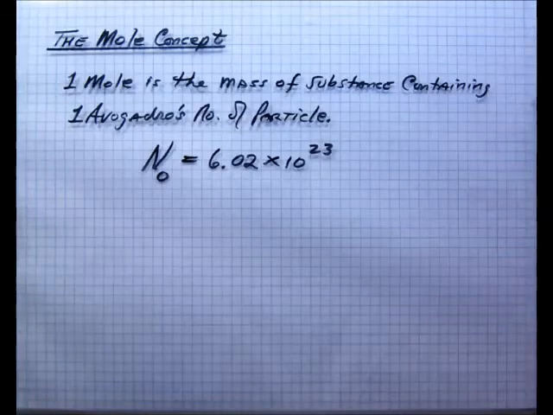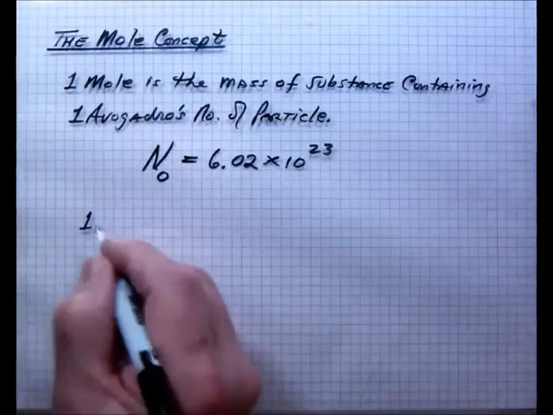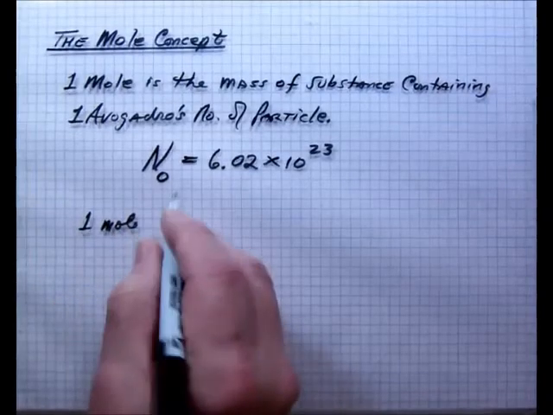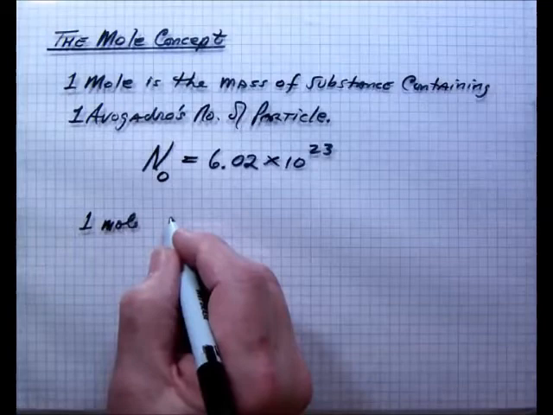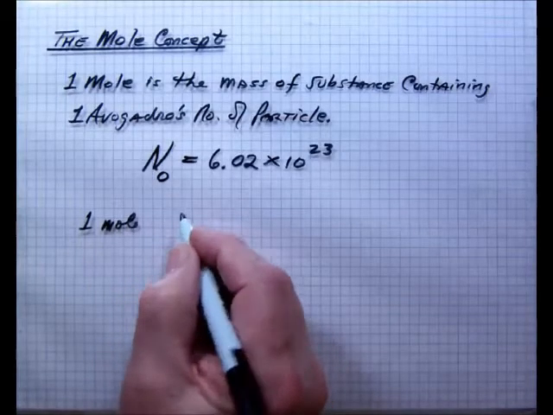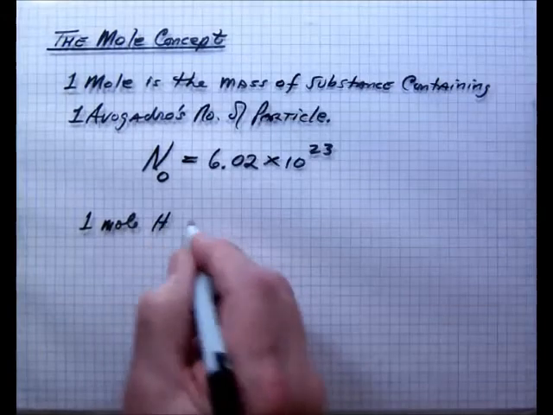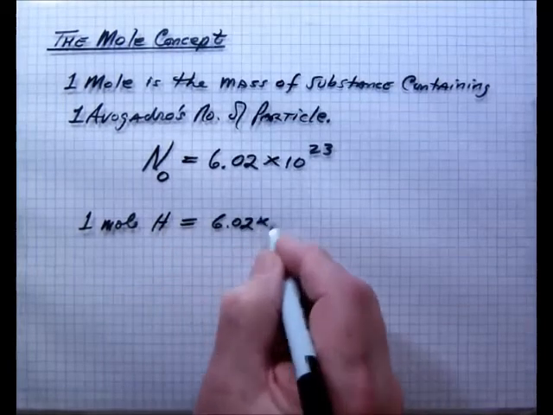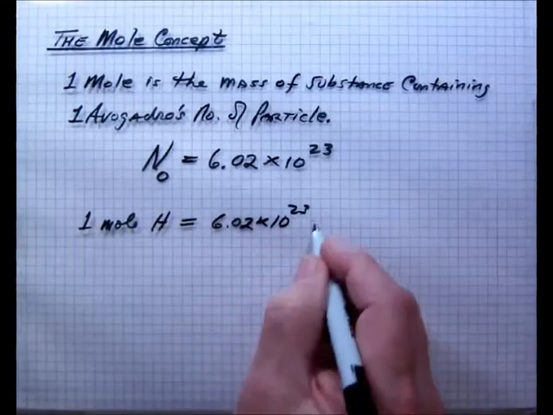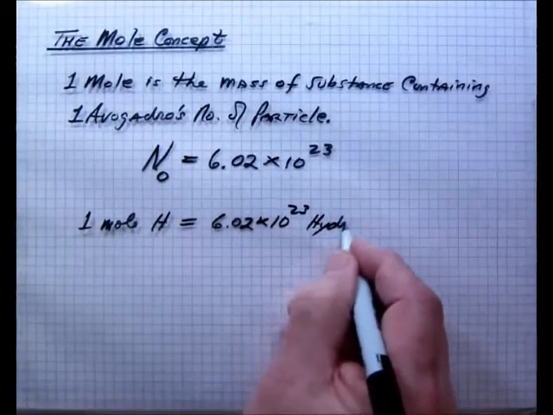If we're talking about 1 mole of any element, we're talking about 6.02 times 10 to the 23rd atoms of that element. 1 mole of hydrogen is equal to 6.02 times 10 to the 23rd hydrogen atoms.